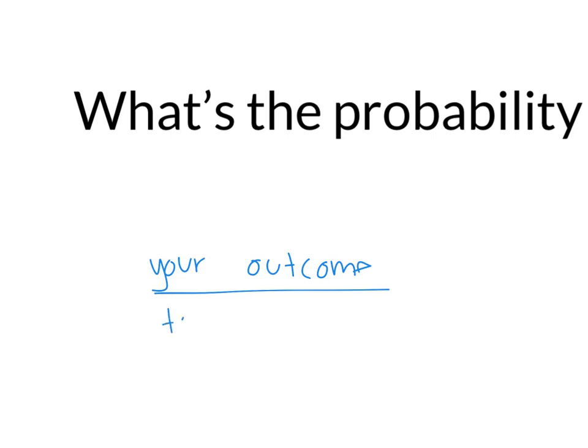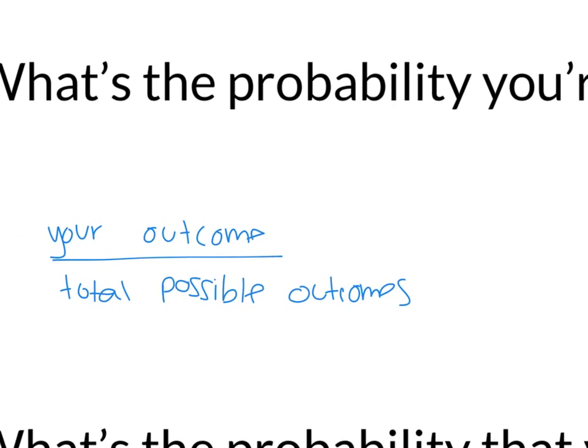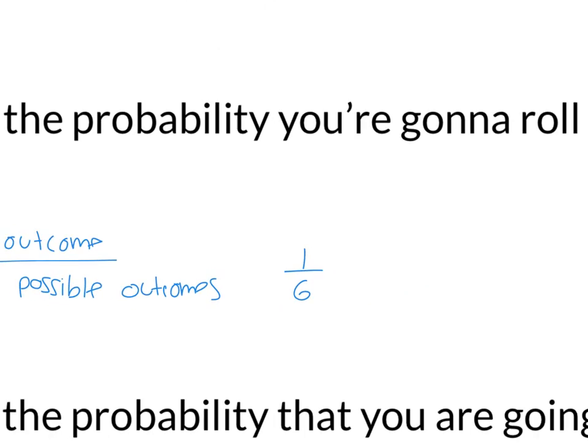And here's the total possible outcomes. So the total possible outcomes, because it's a die and it has 6 numbers, would be 6. And your outcome, what you want, is the number 6. And because it's one number, you're going to put 1. So the probability that you're going to roll a 6 is 1 over 6.